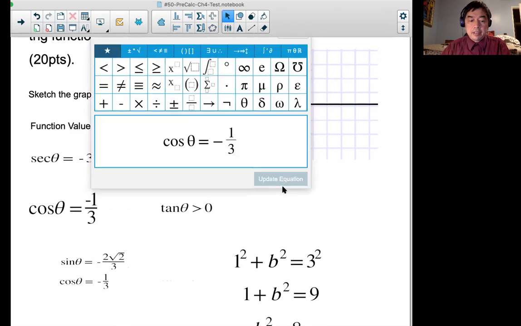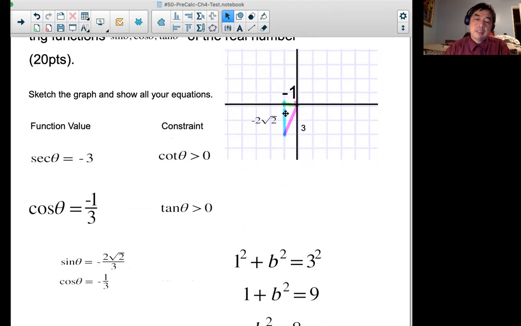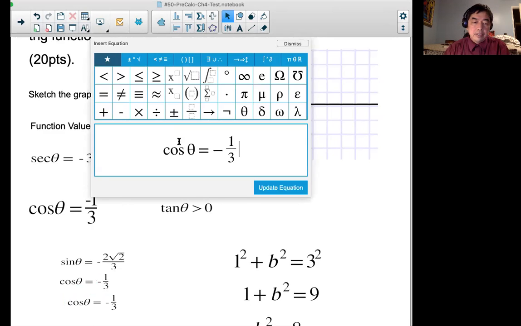All right. Tangent is opposite over adjacent, right? So opposite is negative, you put the negative sign inside of the fraction, so 2 square root 2.